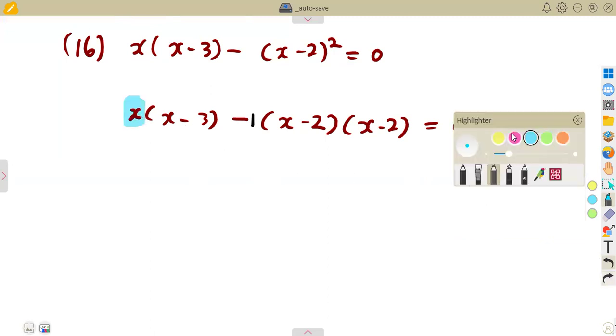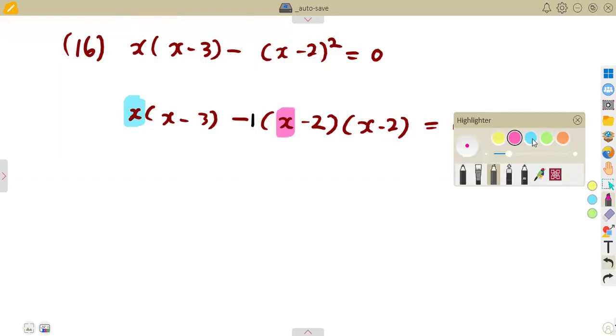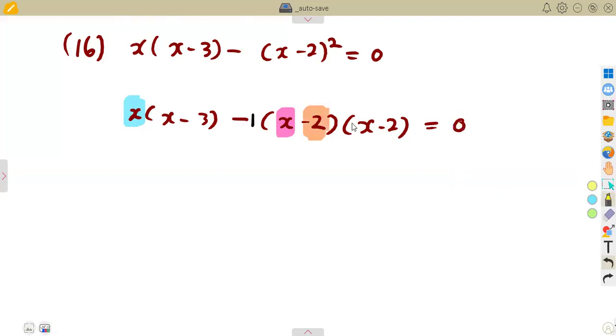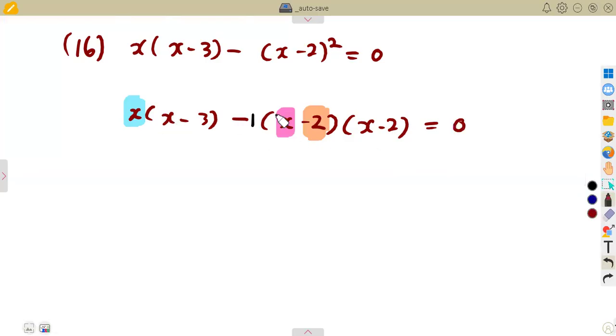You consider which part you are working with first, but it's best that you start with the x, then the 2. So this bracket will multiply the second one. Here x and x is x squared. x times -3 is -3x. We are done. So there is a -1 in this case.